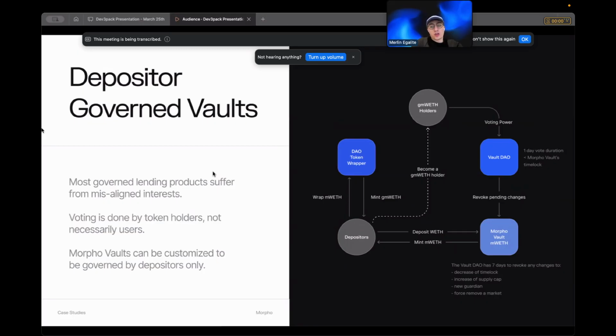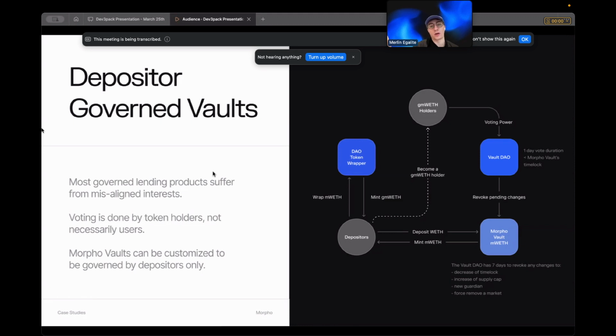What is the configuration of vaults, and it can manage also other roles. So the other roles are the curator, the allocators, and the guardian. The curator is a role that is able to whitelist new markets.